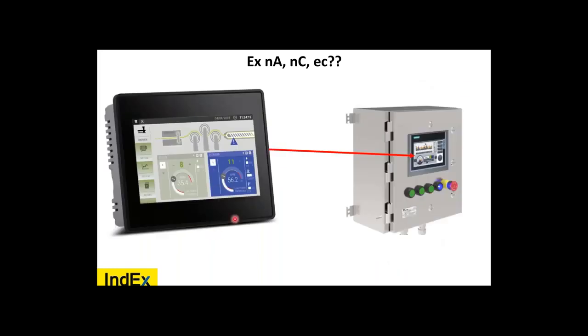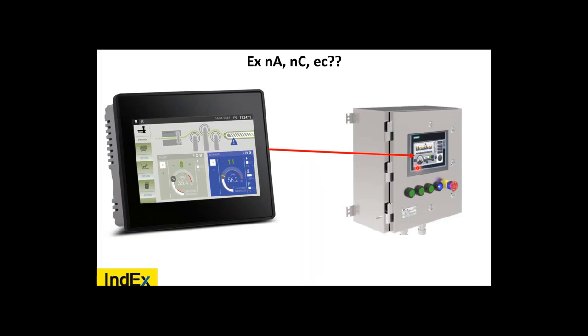So an HMI panel, human machine interface, touchscreen. What is it? Is it Ex nA-nC or is it Ex eC nC? When was it manufactured? Did the manufacturer update their equipment? Has it been certified recently? What junction box must it go in?